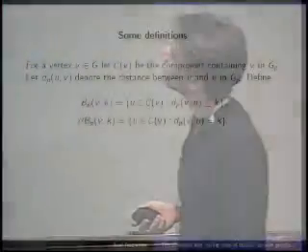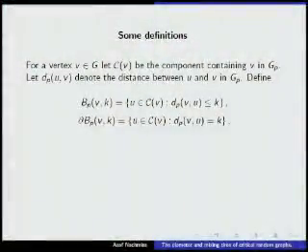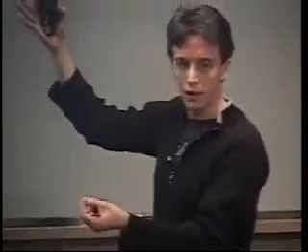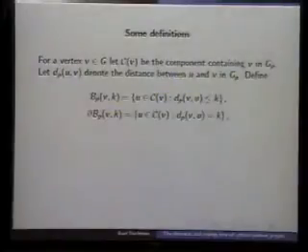Let's write a few definitions, and I will prove this on the board. If you have a vertex v in your graph, now we're in the context of a d-regular graph, with p equal to 1 over d minus 1. C(v) is the component containing v, and we write d_p for this metric.